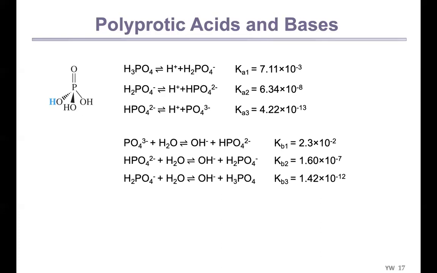So now, what are the conjugate acid and base pairs for the phosphoric acid case? The H3PO4 and the H2PO4 minus. That's right. So this one and this one, they are a conjugate pair. And anything else?